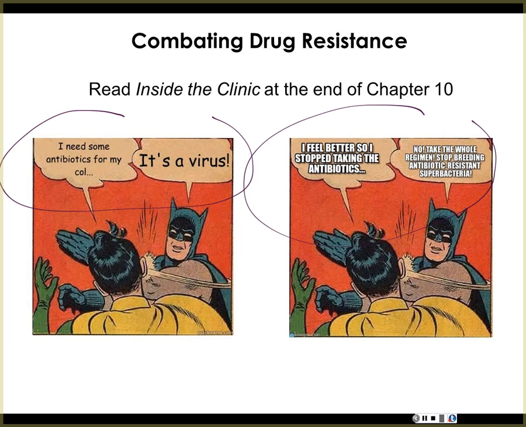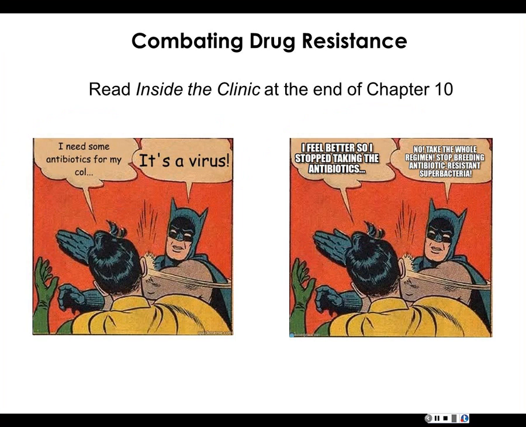So you might be feeling better because the drug after 2 days has knocked out 99.9% of the bacteria that were making you sick. But if you still have that 0.1% left and your immune system doesn't wipe them out, now they're going to overgrow, they're going to overpopulate, and now you've got this big population of bacteria that are at least partially resistant to the drug. And then those might get spread to somebody else, and they might do the same thing. And over time, it's believed that's one of the ways that antibiotic resistance is spreading as well.